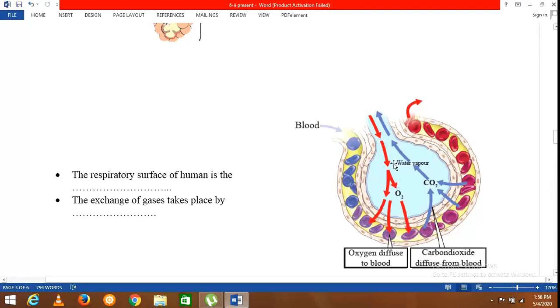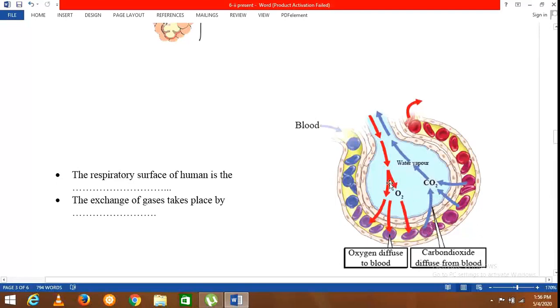So because of the high oxygen concentration in alveoli, oxygen gets diffused into blood capillaries, and carbon dioxide concentration in blood capillaries is higher than the inhaled air or the air inside the alveolus. Therefore, carbon dioxide and water vapor get diffused from the blood capillary to the alveolus.